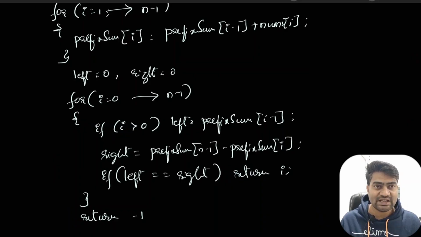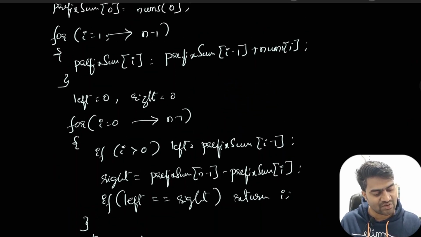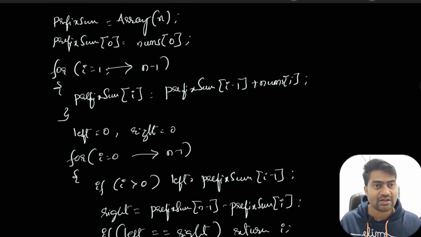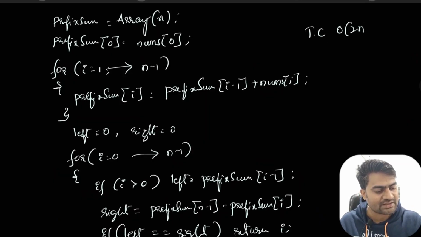Then we check whether those values are equal or not. So basically here also it iterates n times, so this is order of n. The above thing is order of n. So basically time complexity will be order of 2n, so you can say order of n. Okay, so this is a two-pass solution.